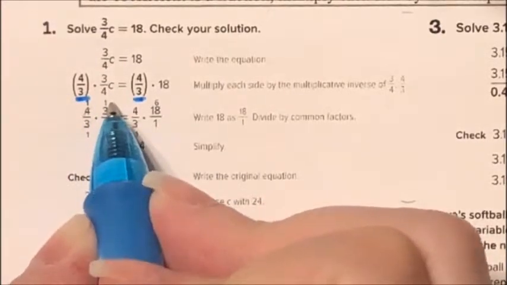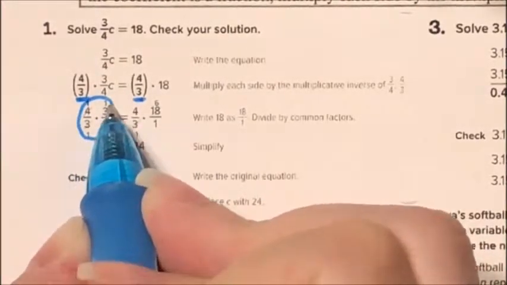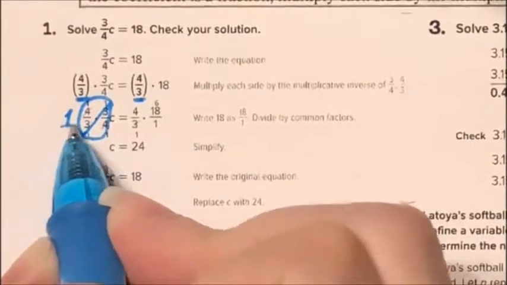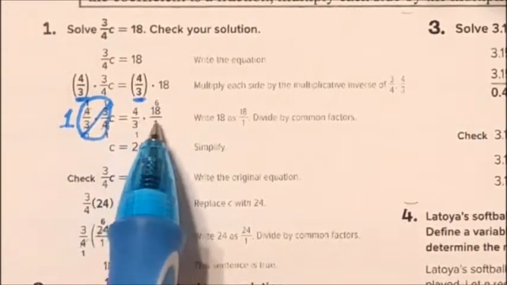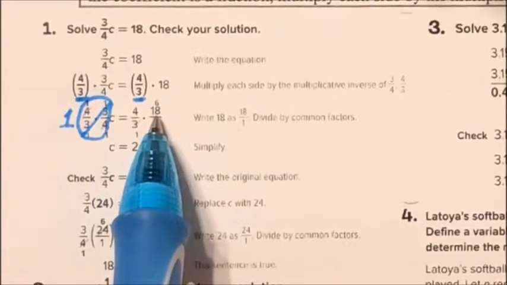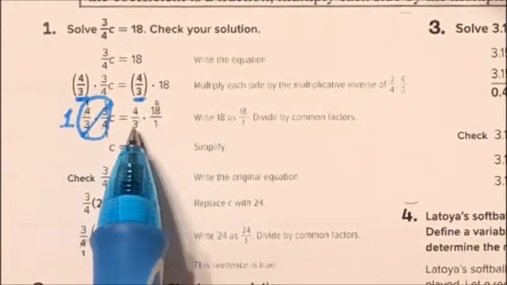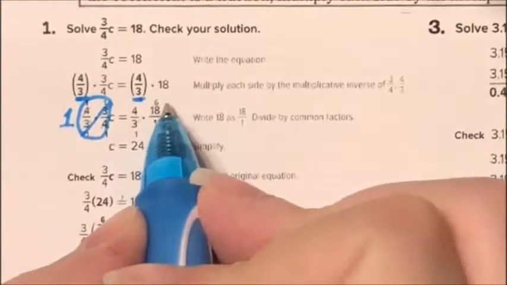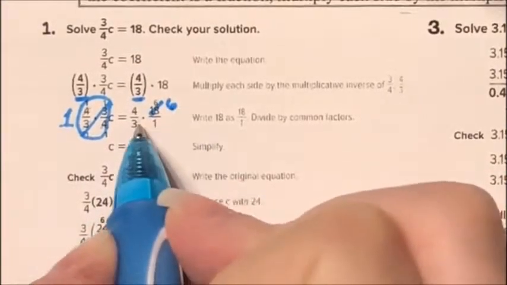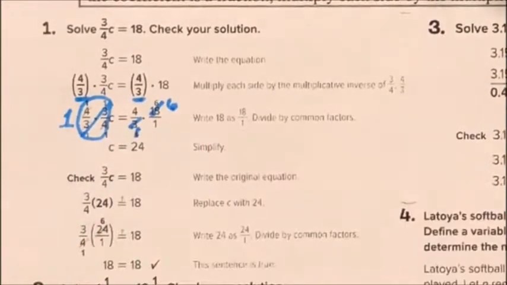This cancels, all of this cancels and becomes 1, okay? Then I can multiply. You can either multiply straight through or you can cross simplify. Here they cross simplified. They've realized 3 could go into 18. 3 becomes 1. 18 divided by 3 gives you 6. So this is 6. This is 1.